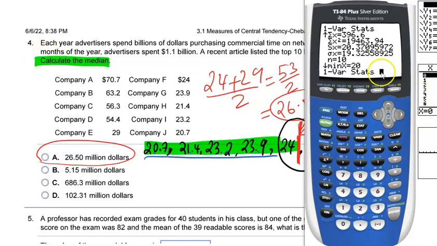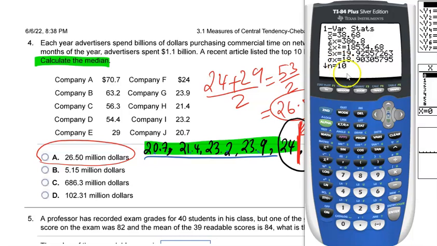How do you type L2? You press second, and 2 here. Under the 2 you have L2, therefore press second 2 and you get L2. Let's press enter, and you'll find all these measures here. There is the mean, but we don't use the mean here, we use the median.